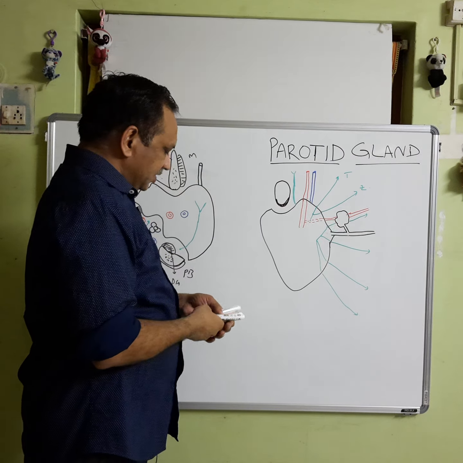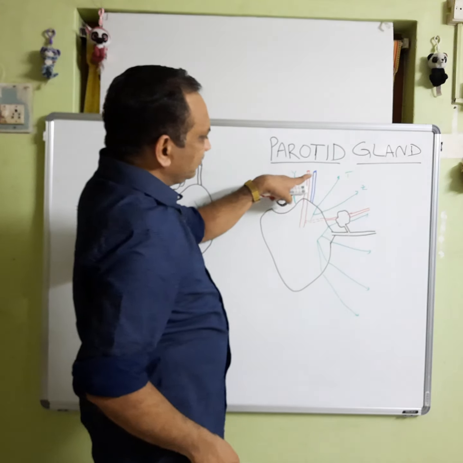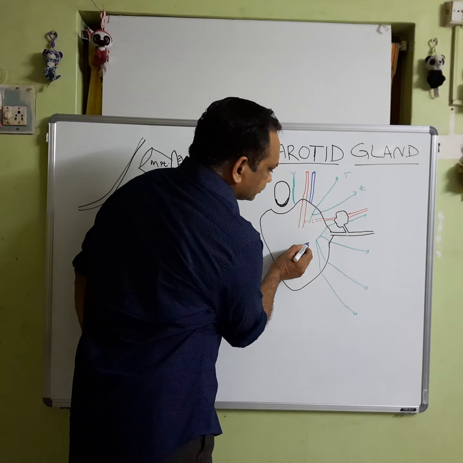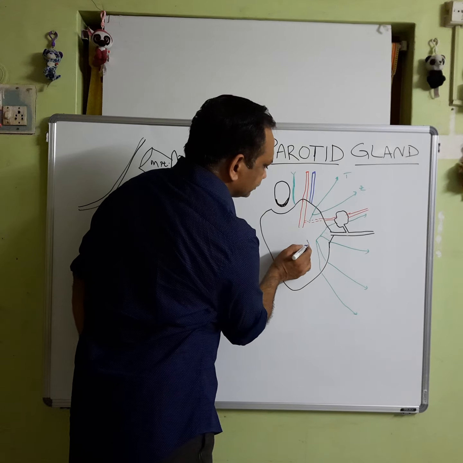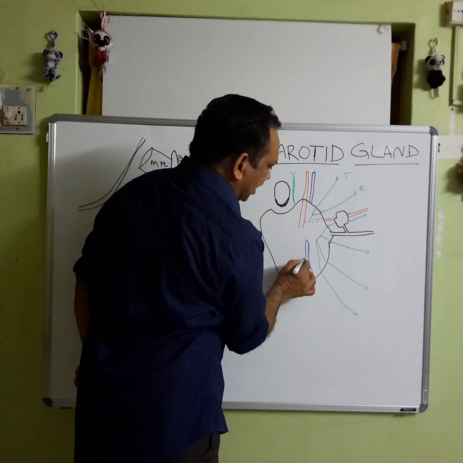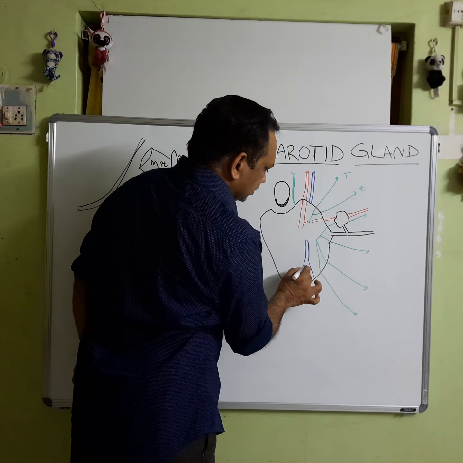Then coming down, the superficial temporal vein joins the maxillary vein to form the retromandibular vein within the substance. Then the retromandibular vein divides into an anterior division and a posterior division.